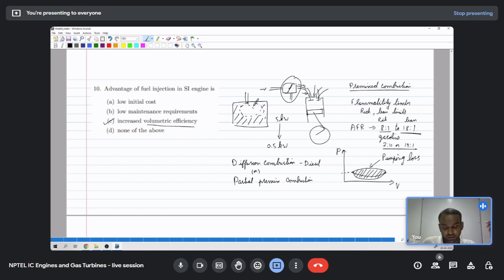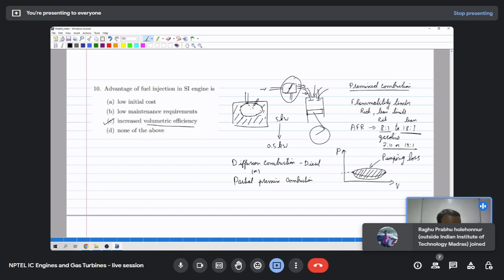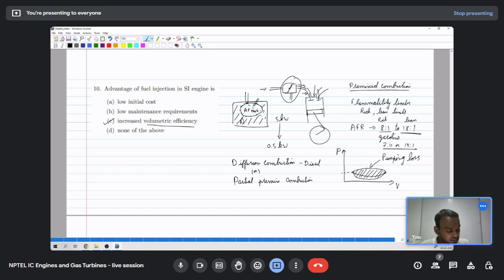When you have direct fuel injection, where you inject the fuel directly into the cylinder, you can have a stratified combustion like this, where a small space of the combustion chamber has the air-fuel mixture, and outside of this can be pure air. Whereas in premix combustion you have to fill all the space with fuel and air, and that has to be within the flammability limit.